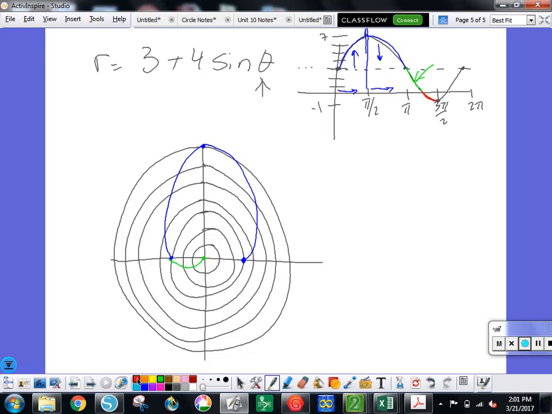Okay, now here's the part that you have to think about. Okay, this part is still in quadrant 3, isn't it? But look at its radius. What is it? It's negative, isn't it? So therefore, I have to push through, don't I? Notice at 3 pi halves, what's my spot? -1.